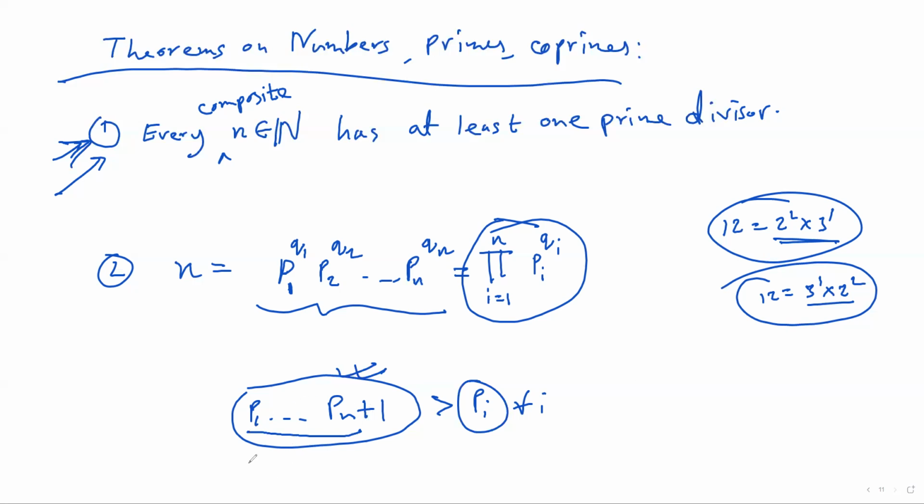Basically, what I mean to write is 2 times 3 times 5, sequentially, the first n prime numbers. So none of the first n prime numbers divide this composite number, but there has to be some prime number that divides it. So that prime number must be greater than Pn. So using this logic inductively, we can produce bigger and bigger prime numbers. So the number of primes is not finite.